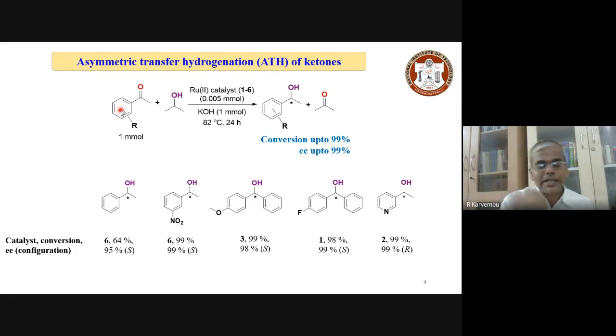That's the meaning of 99% conversion, right? And almost all the alcohol molecules that are formed are of the S enantiomer. Getting this much enantiomeric excess or optical purity is not so easy in asymmetric catalysis, but we have demonstrated it using these ruthenium acylthiourea chiral complexes.